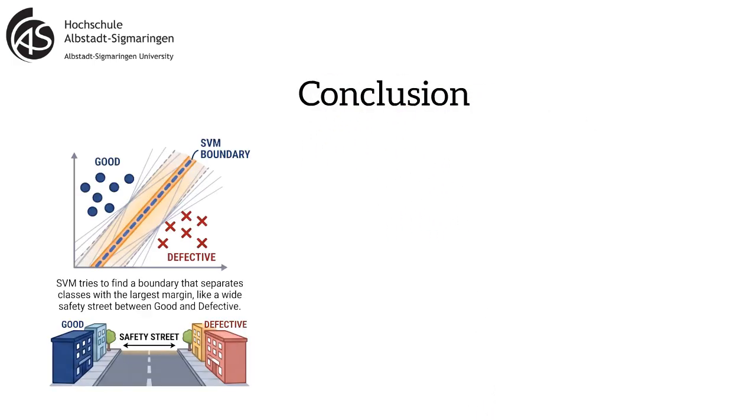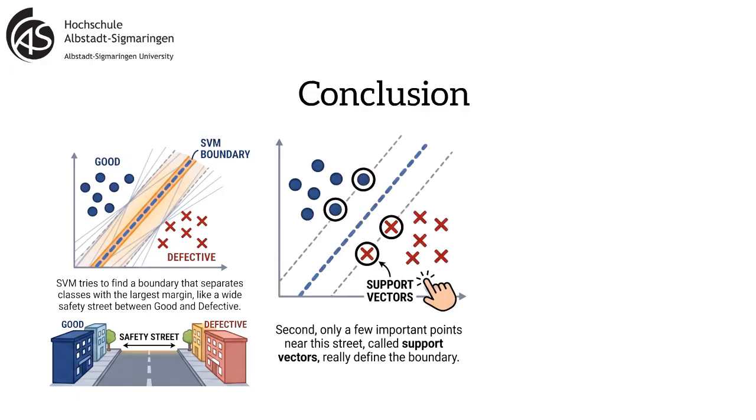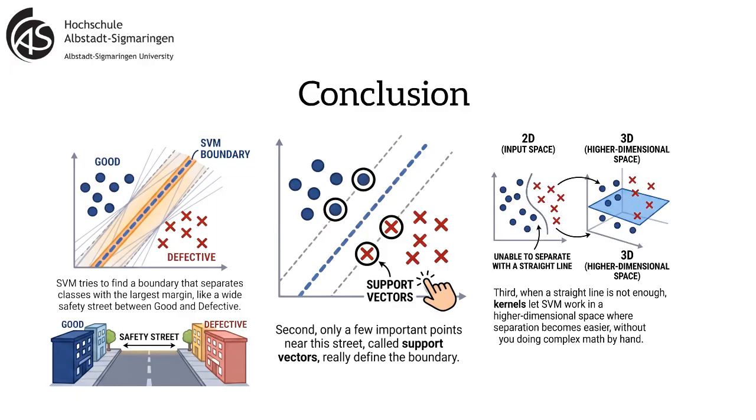First, SVM tries to find a boundary that separates classes with the largest margin, like a wide safety street between good and defective. Second, only a few important points near this street, called support vectors, really define the boundary. Third, when a straight line is not enough, kernels let SVM work in a higher dimensional space where separation becomes easier, without you doing complex math by hand.